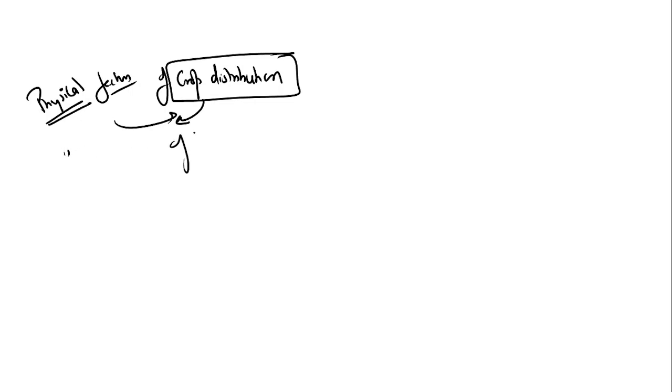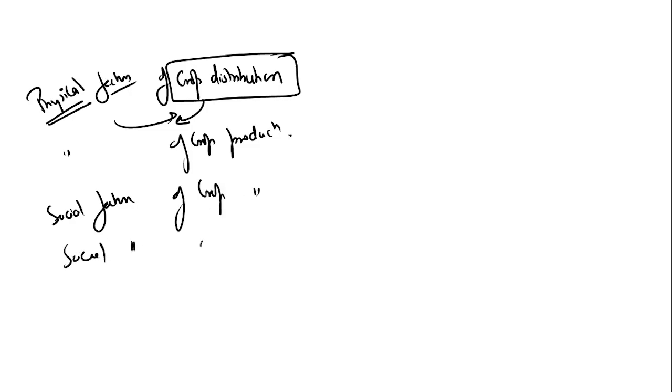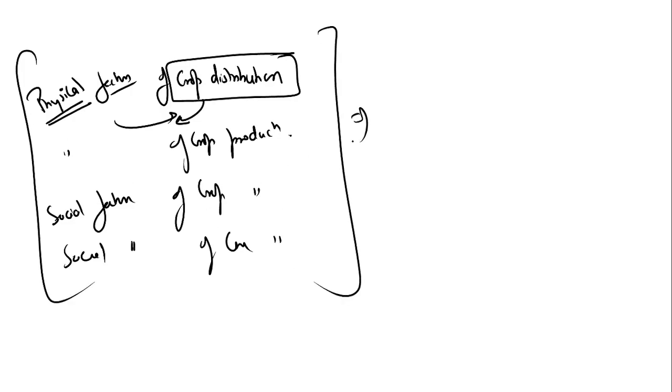Again, physical factors of crop production. Then social factors of crop distribution, social factors of crop production. So we mainly have four things to understand in this topic.